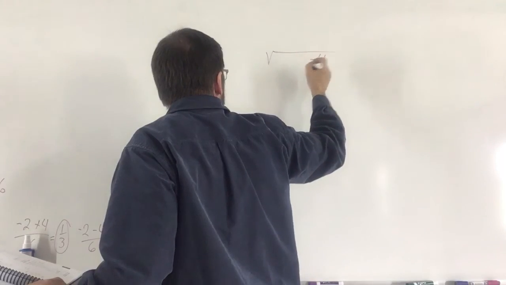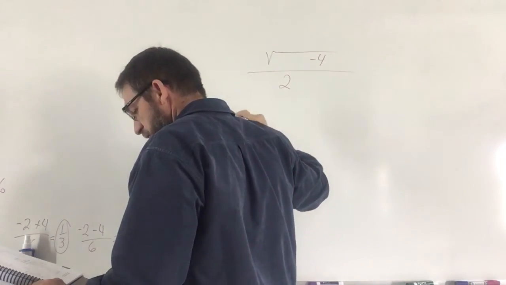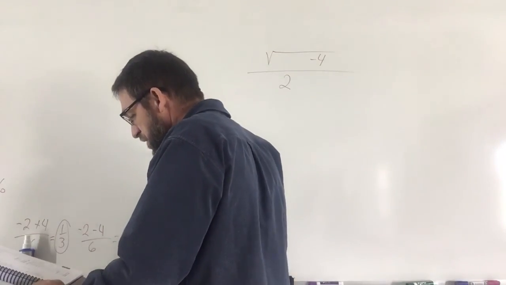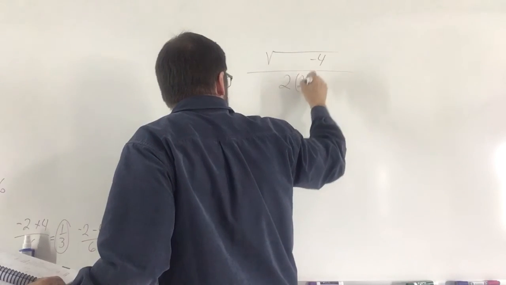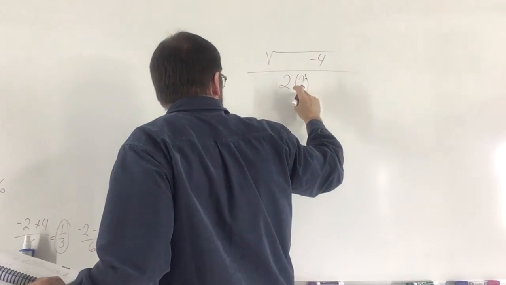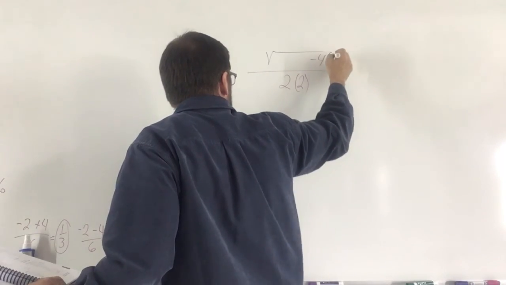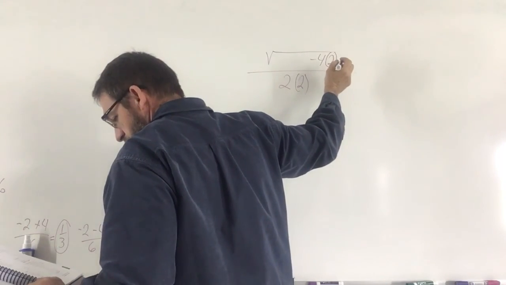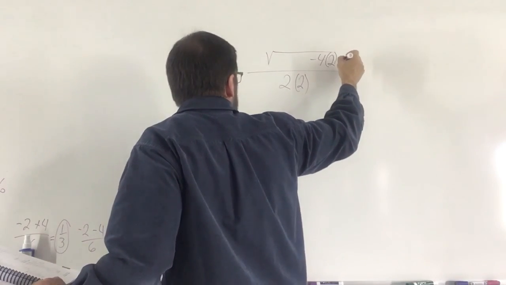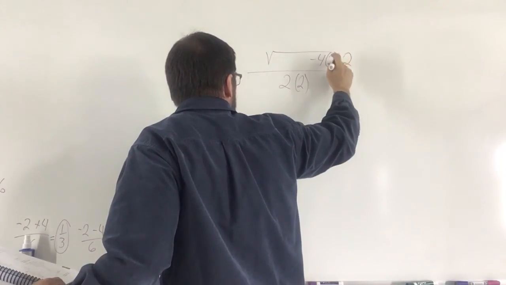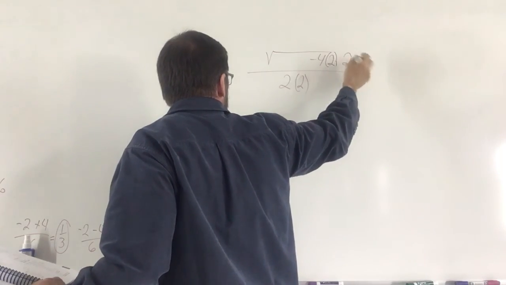This is going to be negative 4, and this is going to be 2 times the A's answer, which on number 6 is going to be 2 times 2 times 2. 2 times 2. I also know that in the A, I put the 2 back here. I guess that's a positive, yes it is. And then I know that I put the C's answer back here, so I'm going to put 2 back here again. So I got 2, 4, 2, 2.